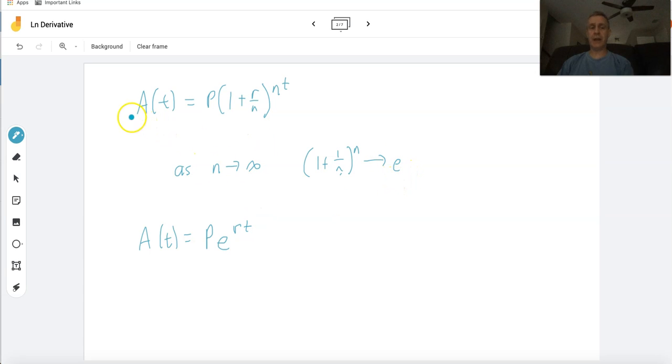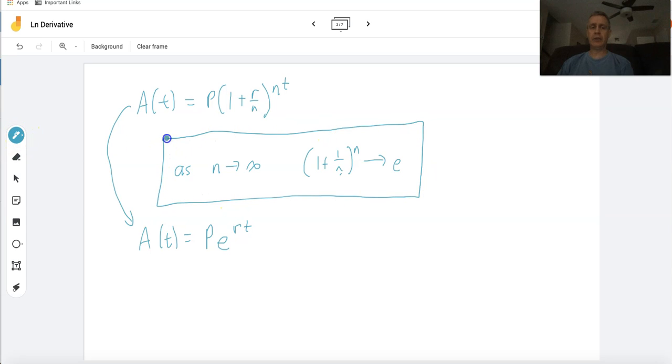Because of that, you had the continuous compounding formula, Pert, but I claim that this particular idea is going to play a key role in proving what the derivative is for the natural log function.